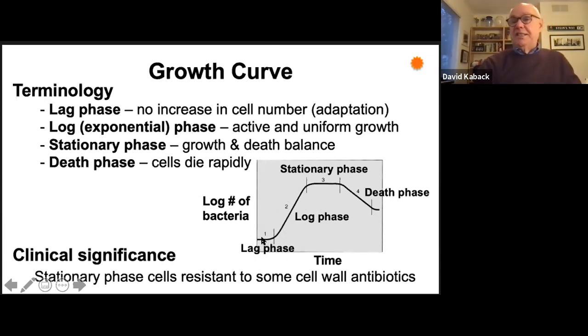Whereas a protein synthesis inhibitor, which is going to affect the ability of that bacteria to adapt, may be effective in killing a bacteria or preventing that bacteria's growth while it is adapting and can't make that protein that's going to enable it to grow under the new conditions.